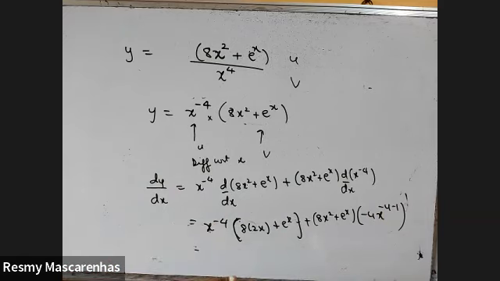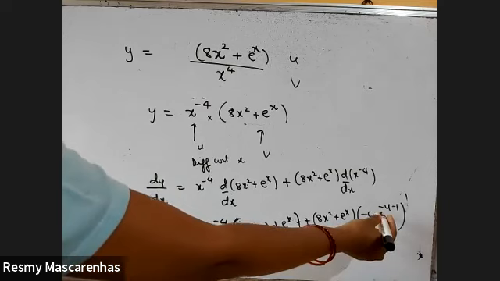So you can take this back down. You multiply this.